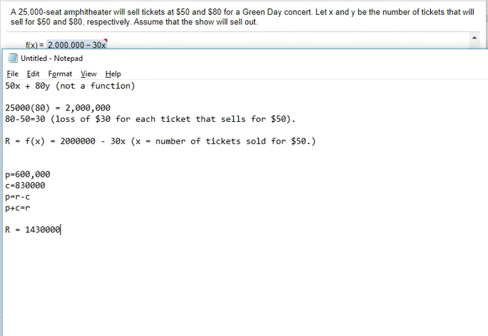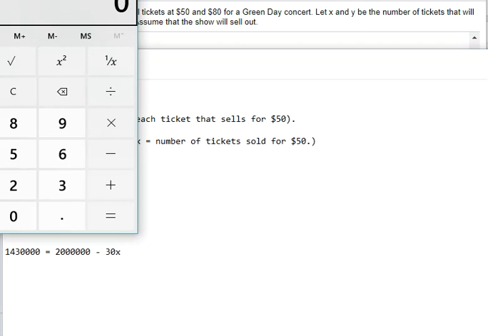Okay, so I already had my equation for revenue up here. If I set 1,430,000 equal to my equation, I should be able to solve. So we're going to subtract 2 million from both sides. Let me grab my calculator.